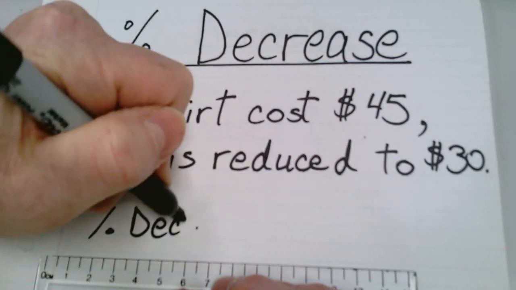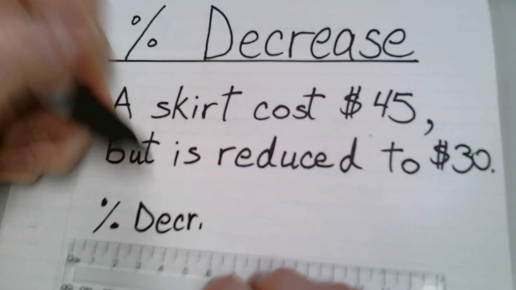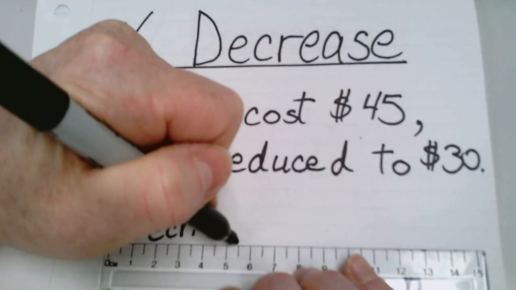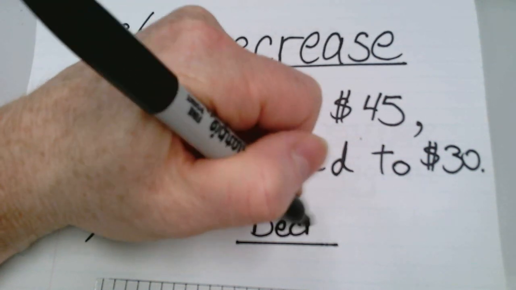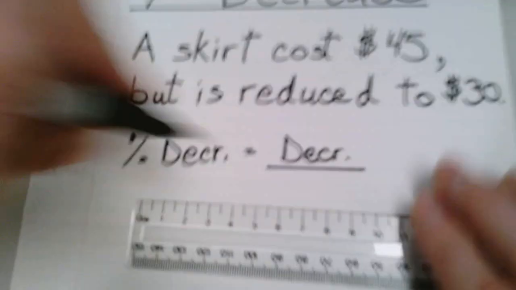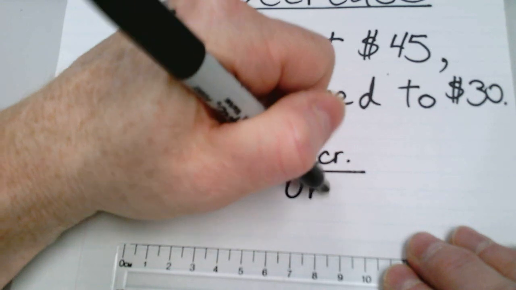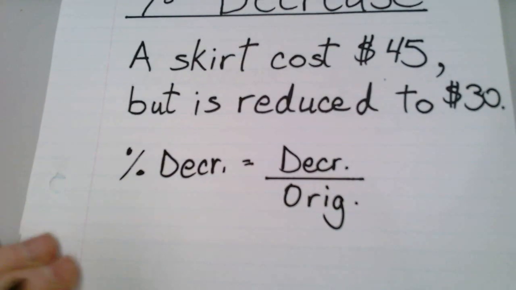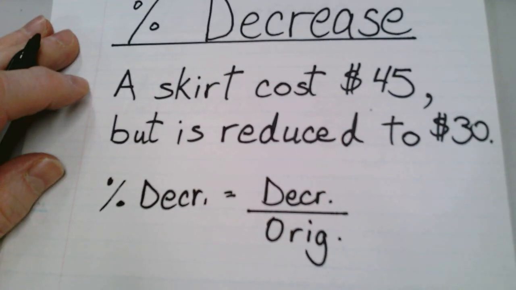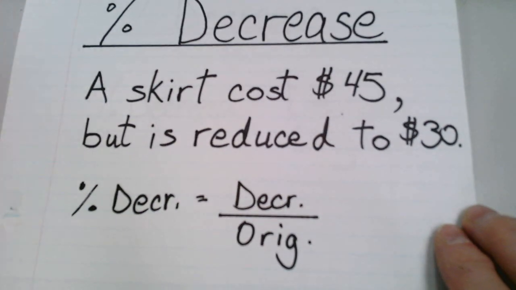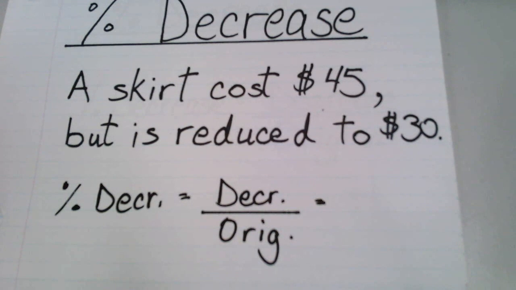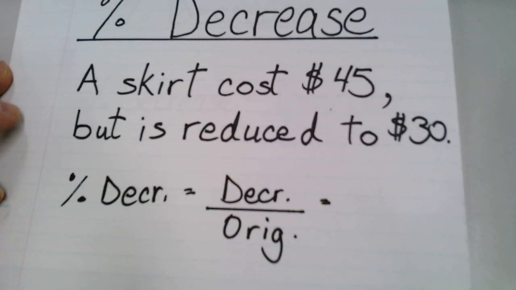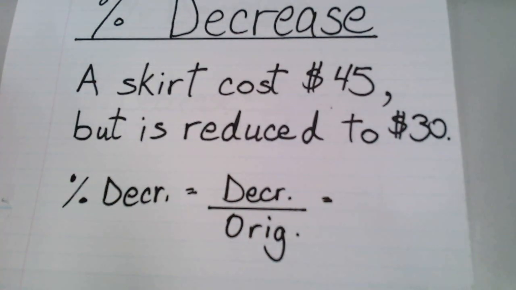I'll let you put DECR dot for short, equals the decrease over the original, just like we did in the other question. So we start with the formula, have to write that down for every question. I know it's a drag, but that's the expectations. You'll memorize it quicker. So we look at this question, say a skirt cost 45, now it's reduced to 30.